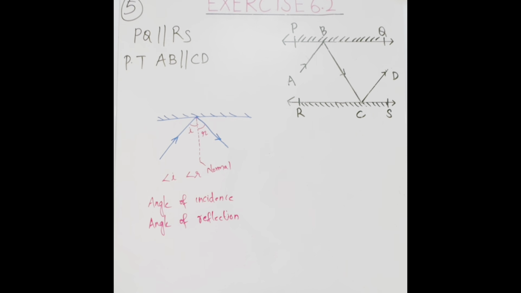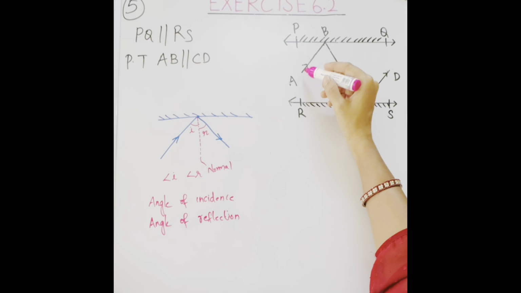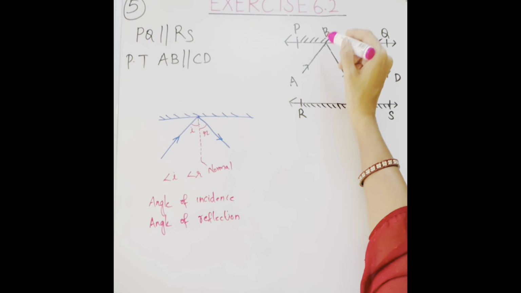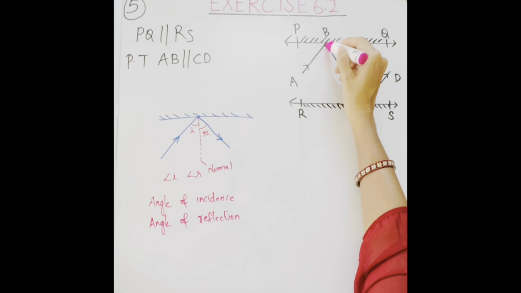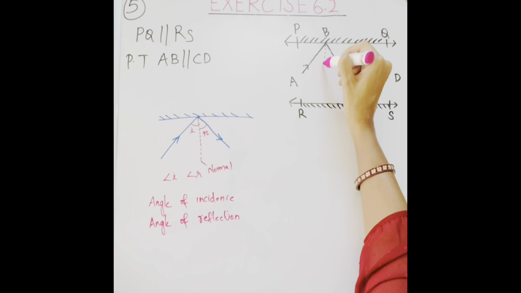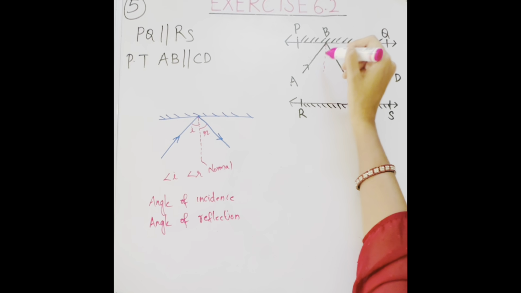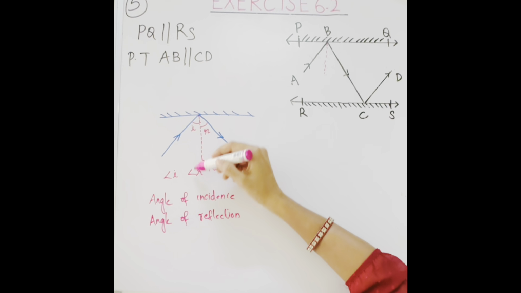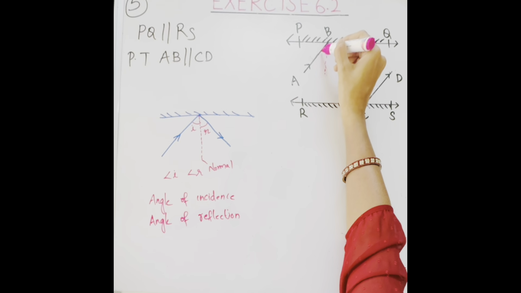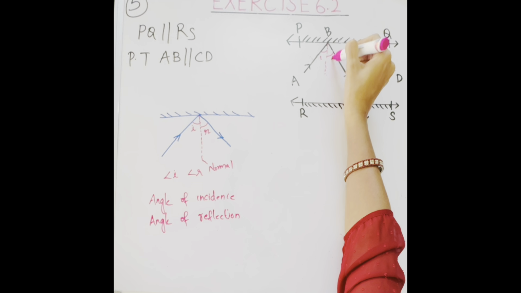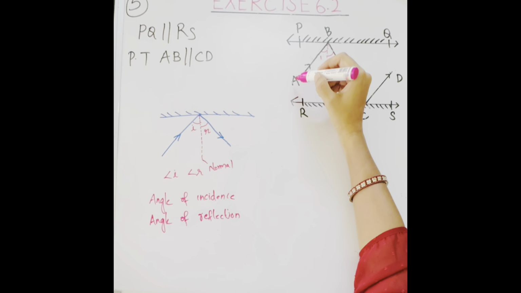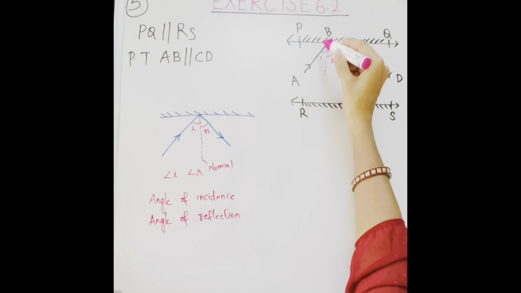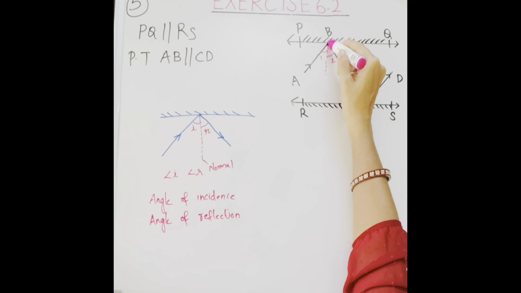So if we have the same incident ray here, forming two angles, angle of incidence and angle of reflection, let's name this angle 1 and this angle 2. So we have ray AB striking the mirror at B and then reflected.